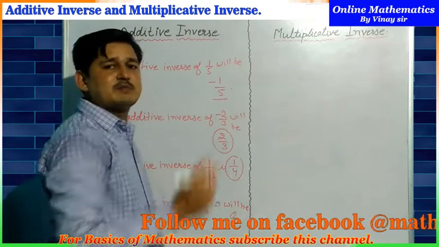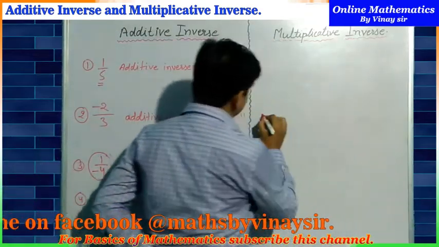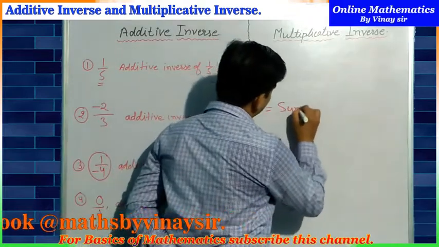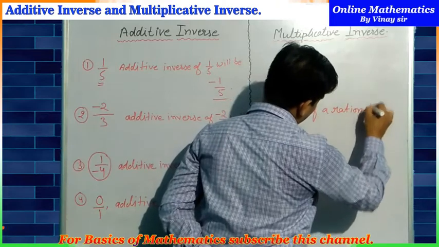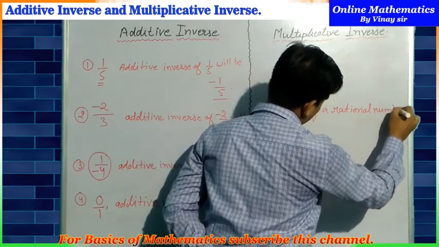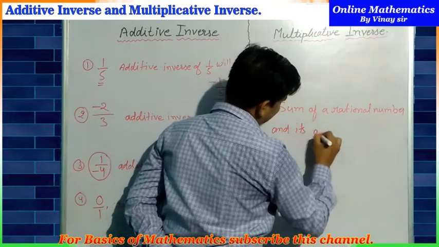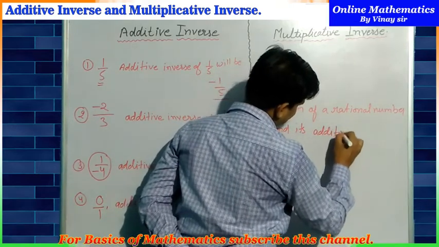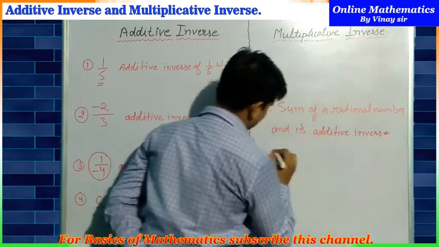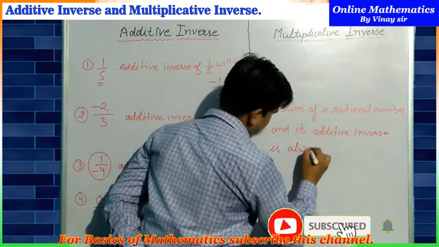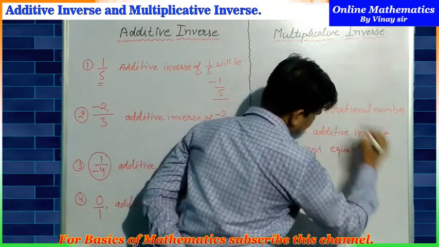Students, one more thing we have to remember about additive inverse: the sum of a rational number and its additive inverse is always equal to 0.